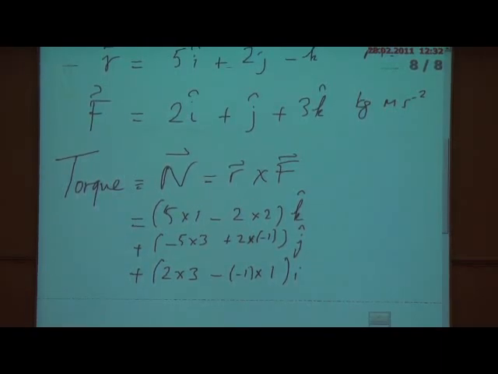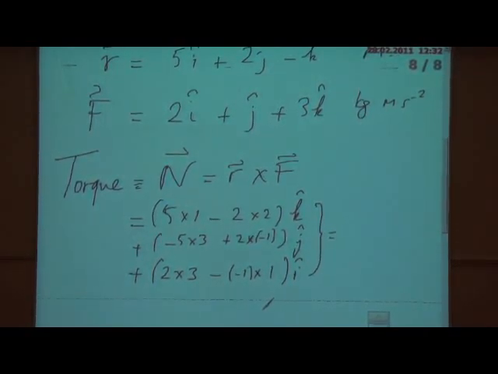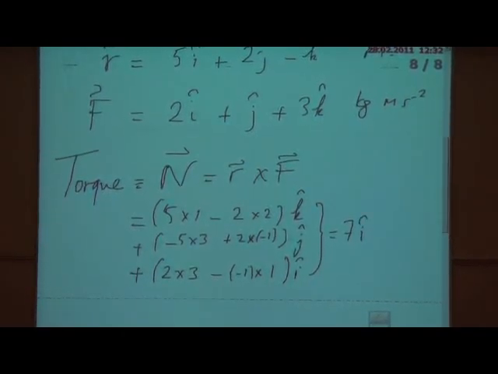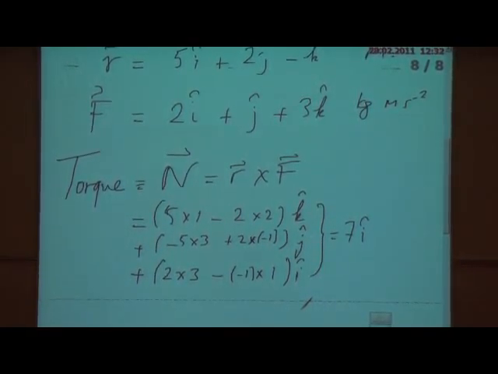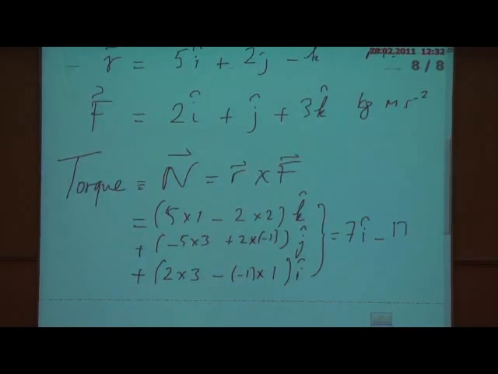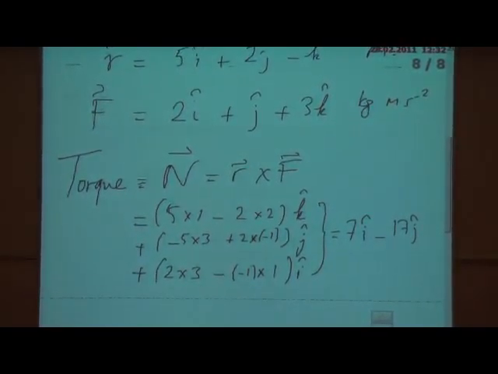Okay, and then this is I. So the result is I, then minus 15, minus 17j, and 1k.